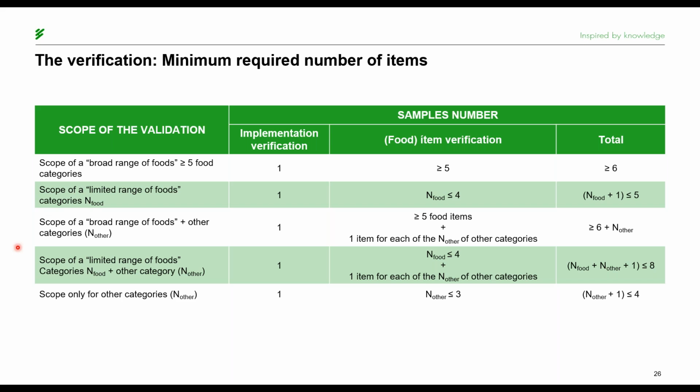And then if it's a limited range, we would have a maximum of 8 for the 5 plus 1 item for each other category, of which we only have 3. So there, maximum 8. And then finally, if our scope is only limited to the other categories, then a maximum of 4 items, 1 plus 3. So there you go. It looks quite confusing at first, but then it's simple, really.